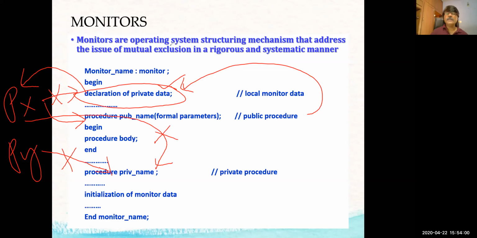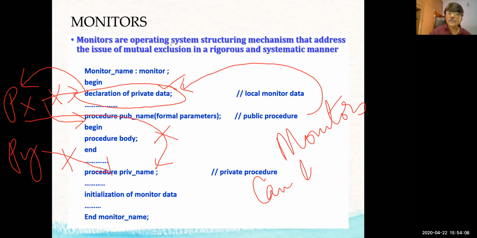Now we'll take an example of how these monitors can be used for implementing a semaphore. So see, anything that can be done by semaphores can also be done by monitors. So here what I want to show you is that if semaphore can provide mutual exclusion, even monitor can provide mutual exclusion.